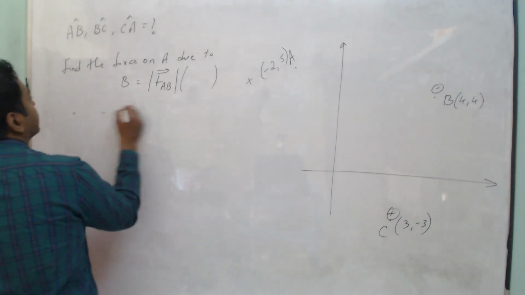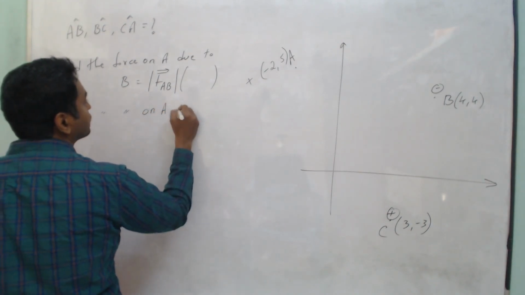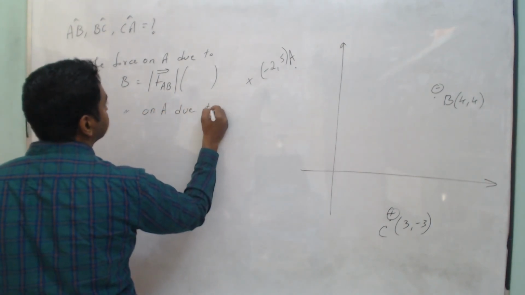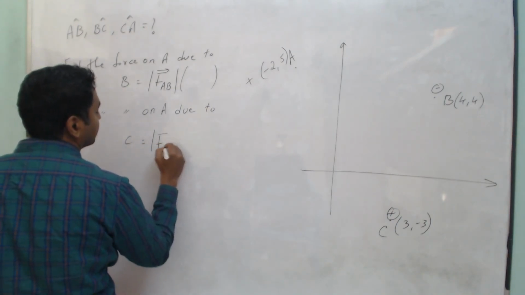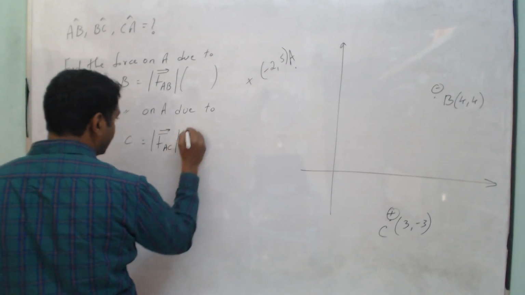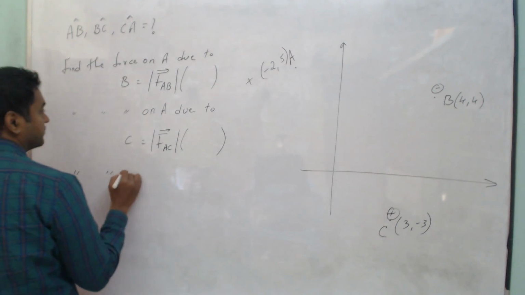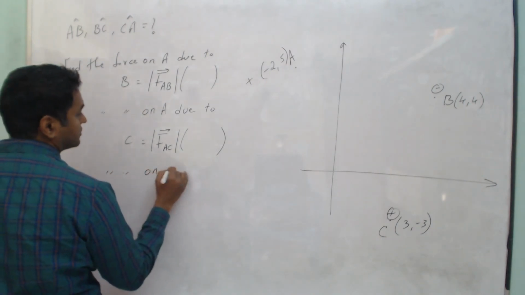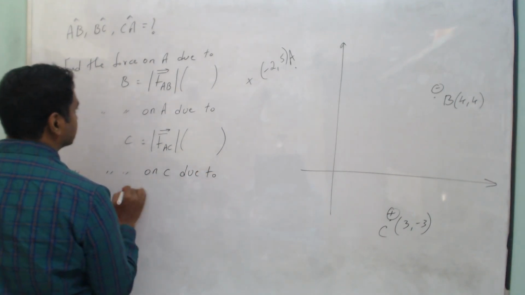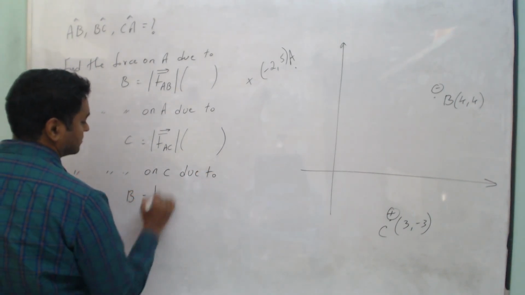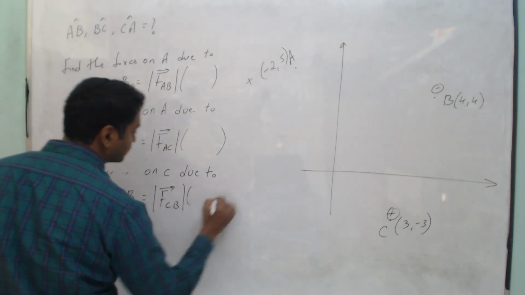Similarly, find the force on A due to C, FAC. Again, what we should write over here. And the last one is find the force on C due to B, magnitude FCB bar times, what should we write?